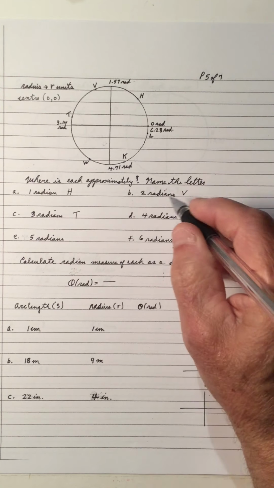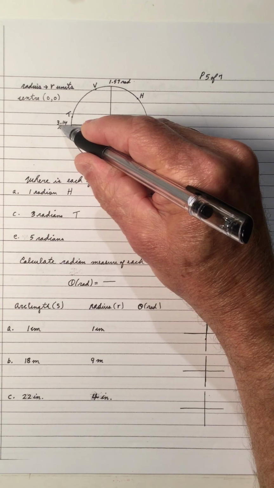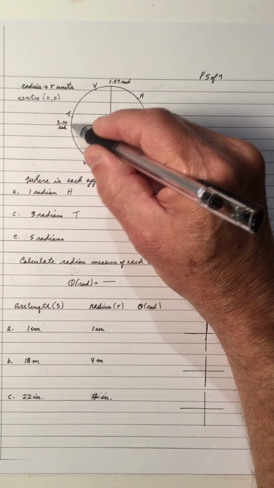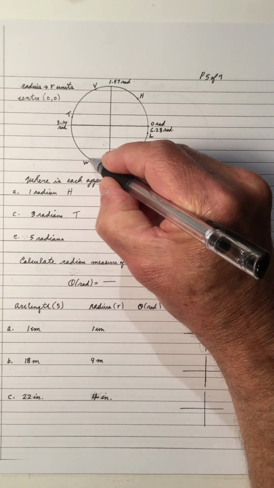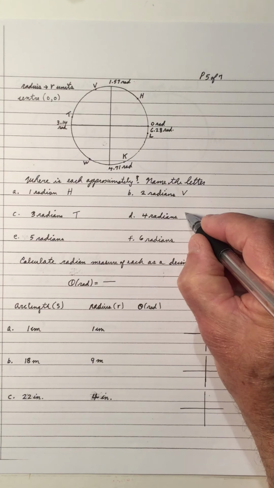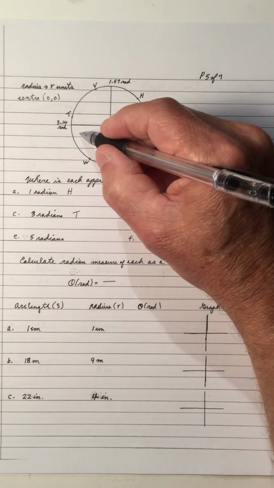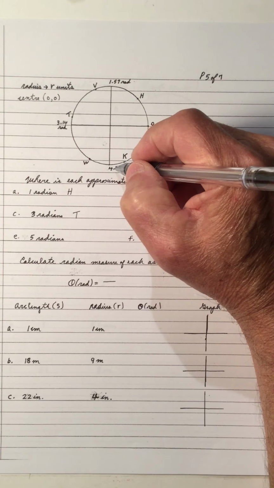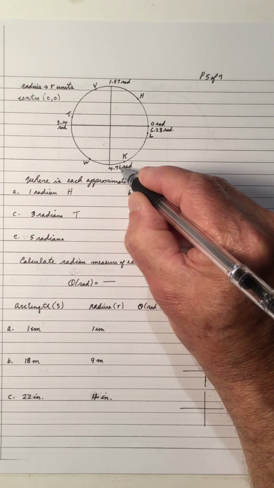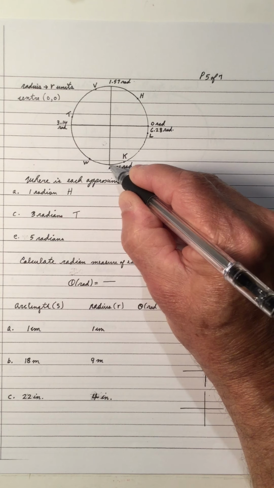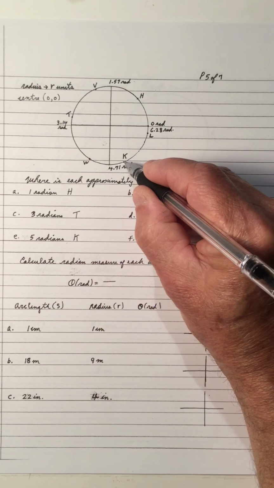And 4 radians, well, this is 3.14 as far as here. This is 4.71. So 4 radians will be W, approximately representing W. 4 radians is in between 3.14 and 4.71. 5 radians, this is 4.71. 5 radians is more than that, so the letter K is approximately representing 5 radians.